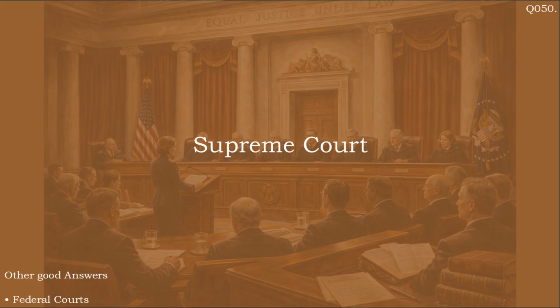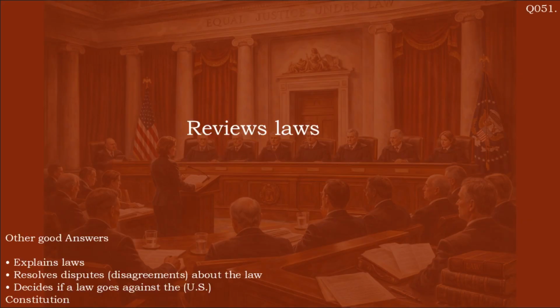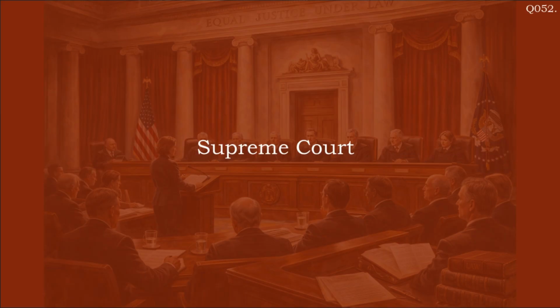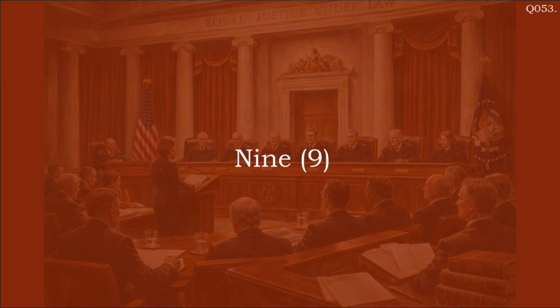Supreme Court. What does the judicial branch do? Reviews laws. What is the highest court in the United States? Supreme Court. How many seats are on the Supreme Court? 9.